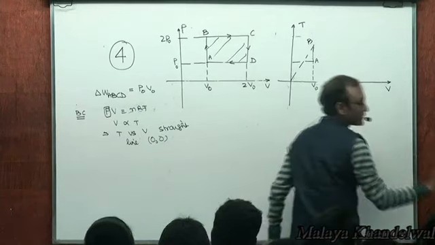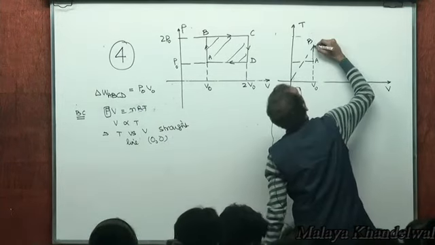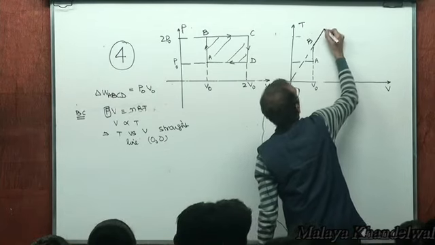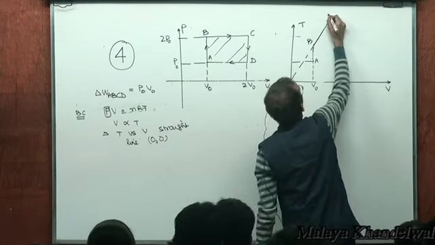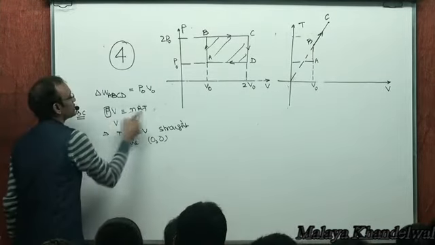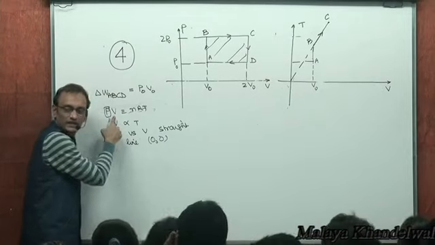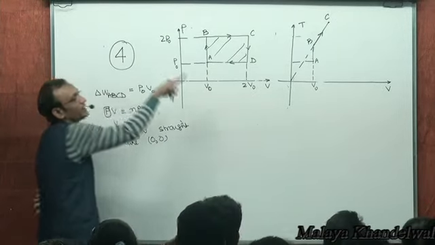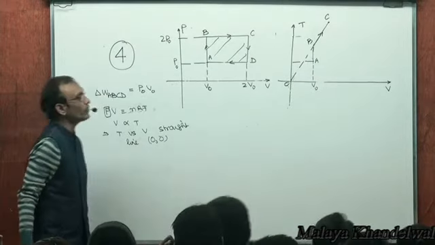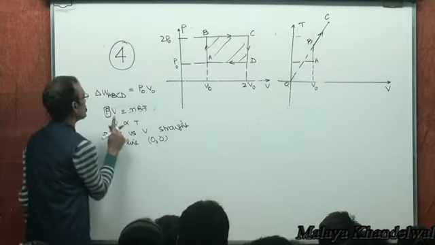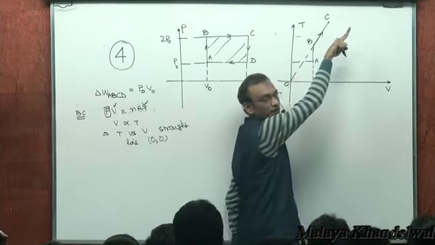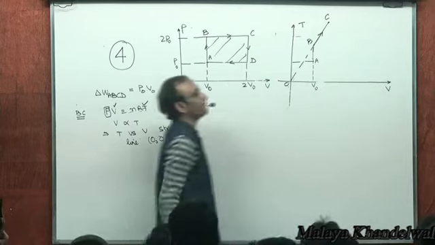Just try and draw it a little better. B to C. T versus V, for constant pressure, would be a straight line, which when produced seems to pass through the origin. And very clearly from B to C, since volume is increasing, temperature is increasing, therefore the graph is headed this way, right?